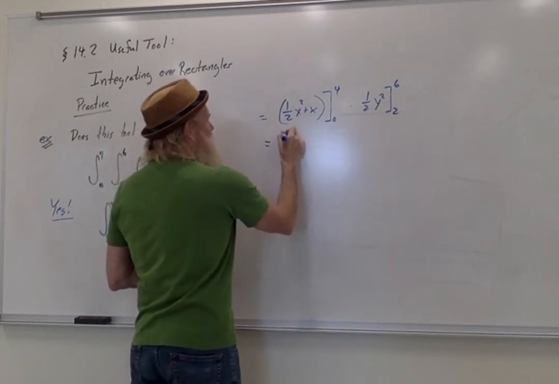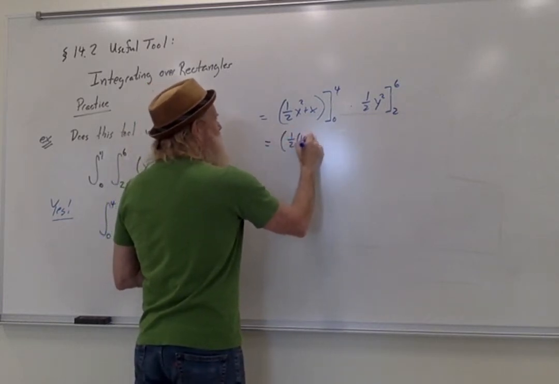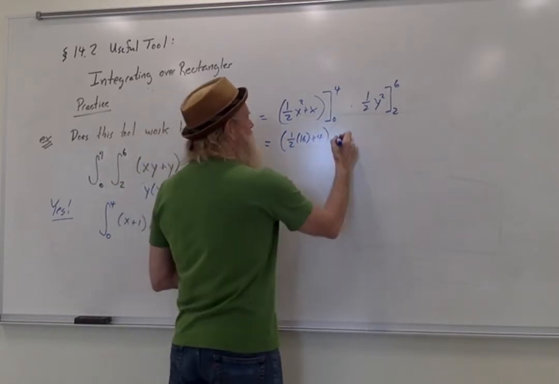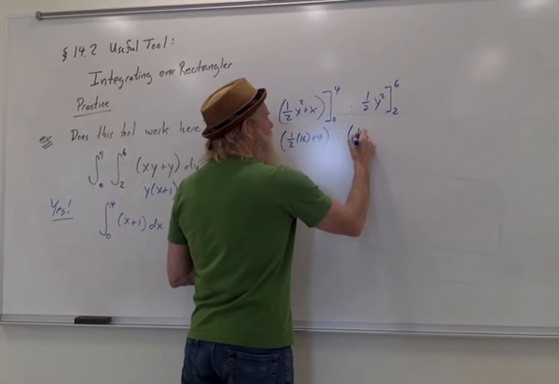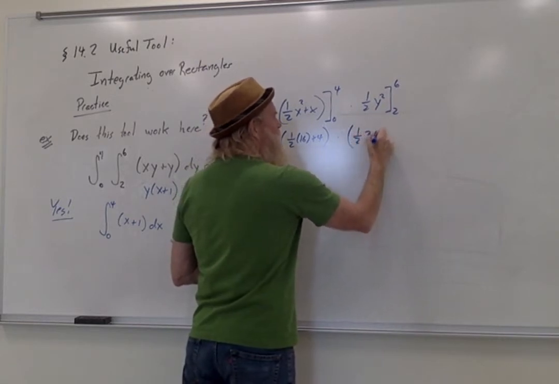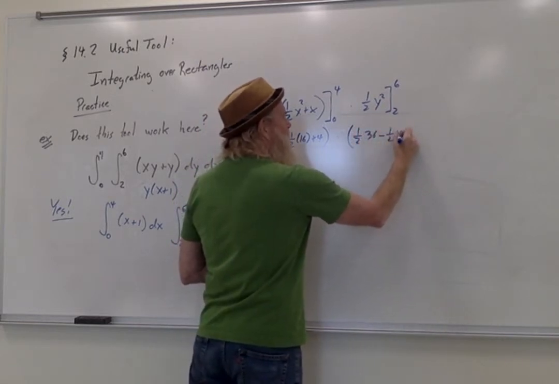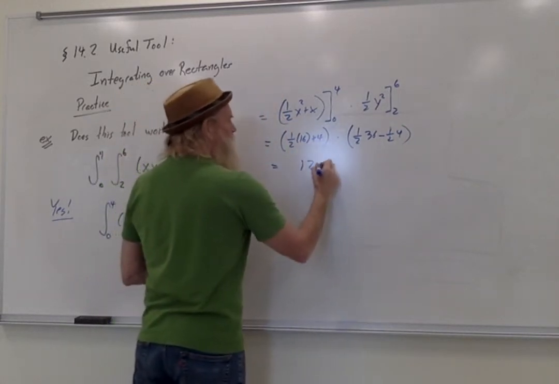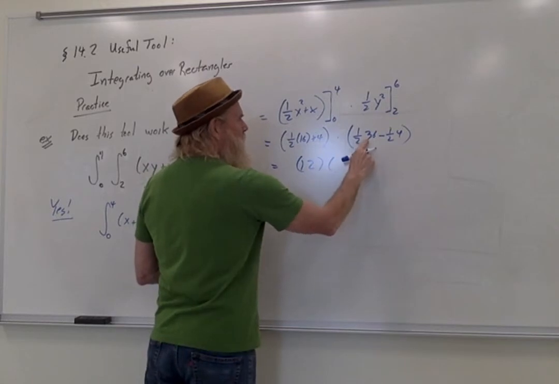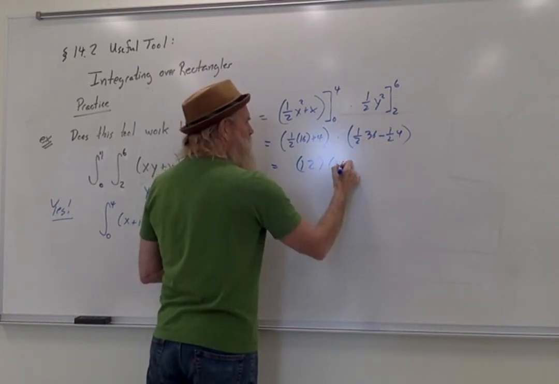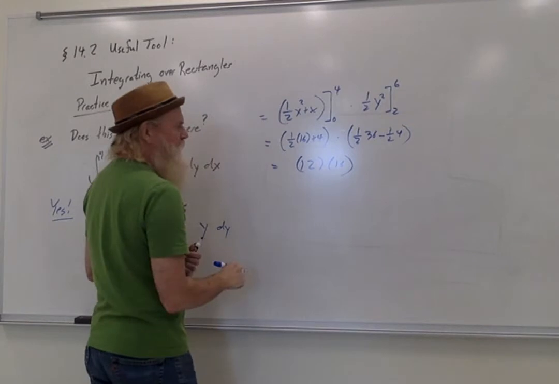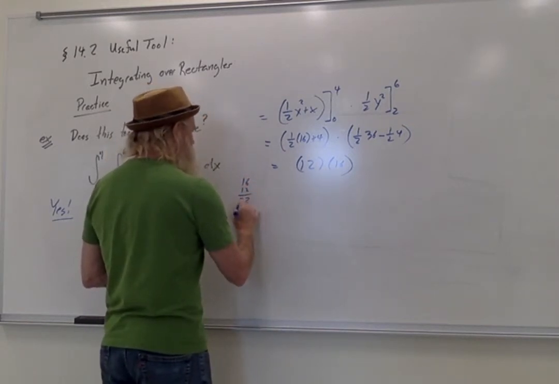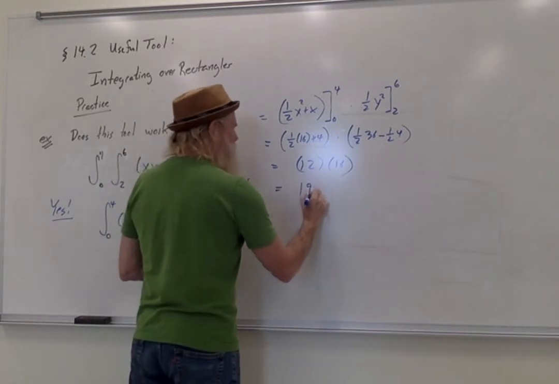So I have 1/2 of 16 plus 4 minus 0, multiplied by half of 36 minus half of 4. So 8 and 4 is 12, times 18 minus 2 is 16. So the answer is 12 times 16, which is 192.